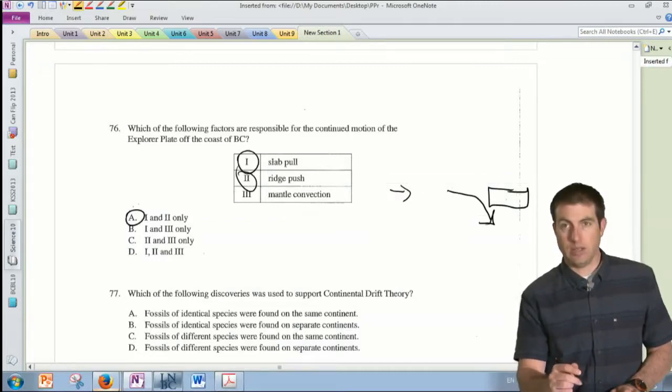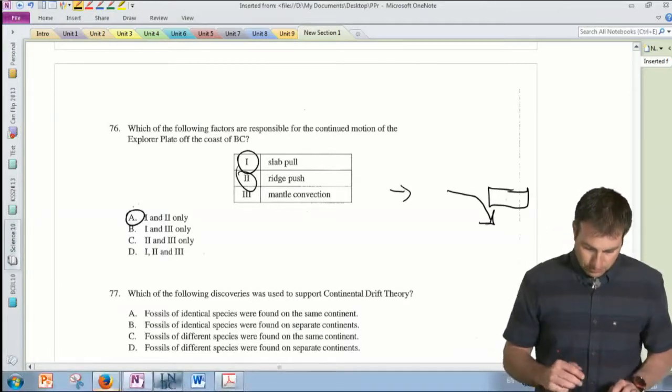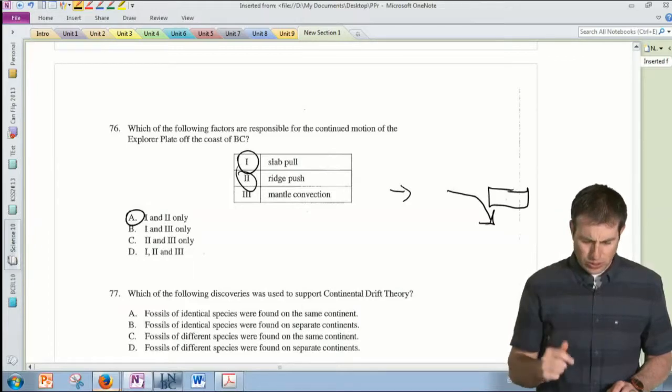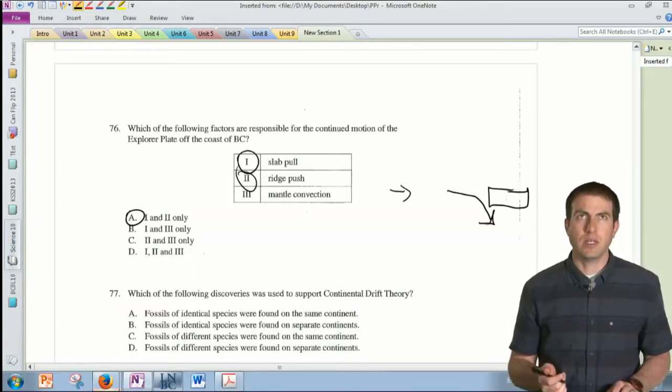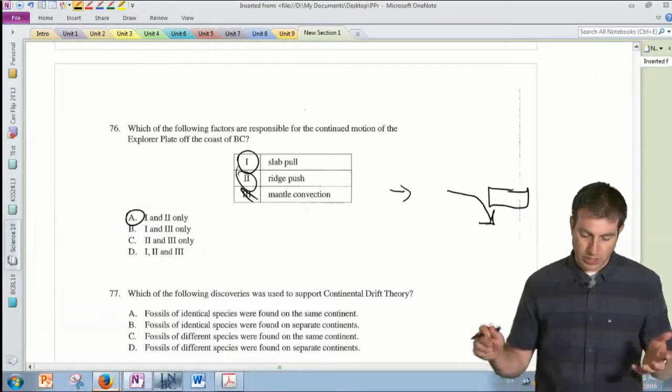I would go with A. Mantle convection is actually what would start the plates moving, but I don't know if it would continue them moving. I would not choose mantle convection.